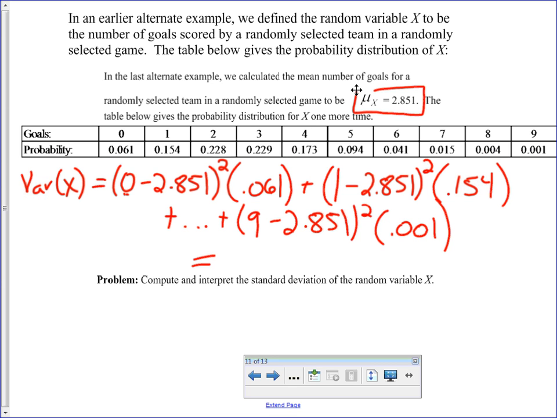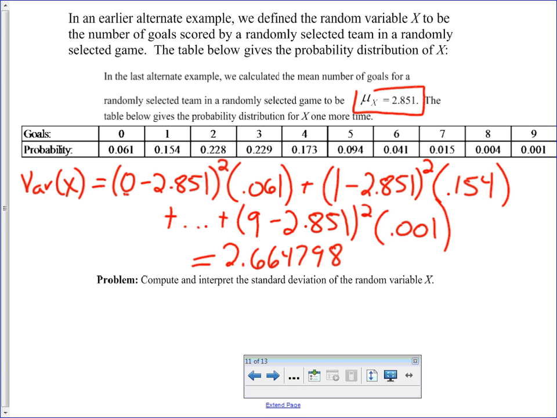And you add all that up, what you will get is about that. I'm writing out plenty of decimal places. So that's the variability.